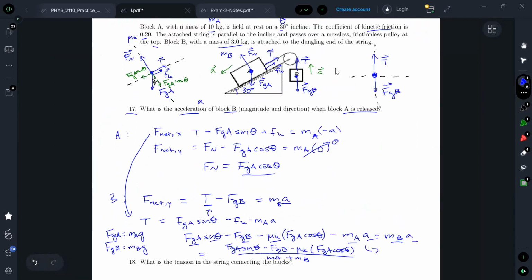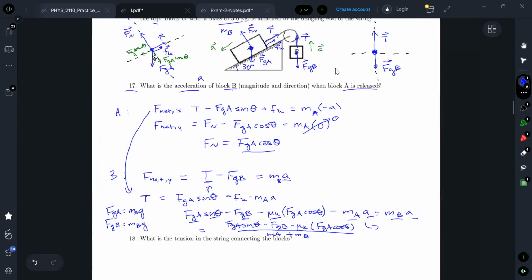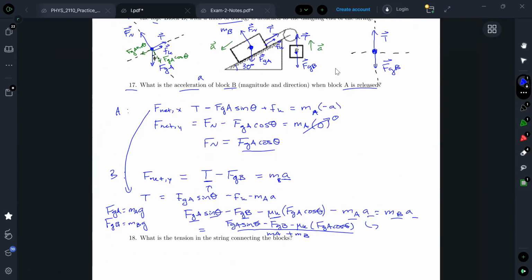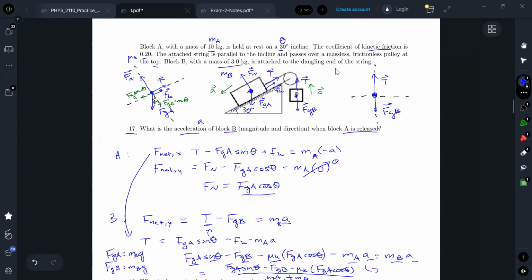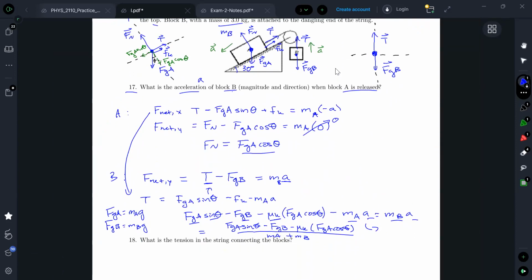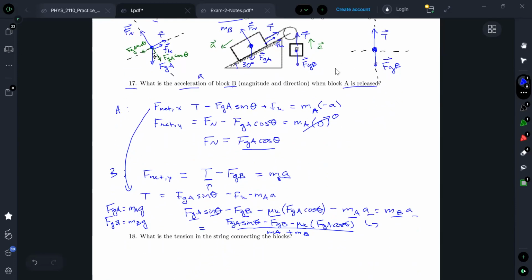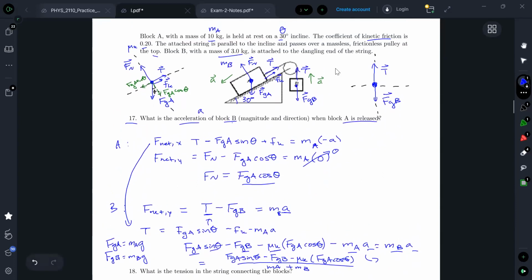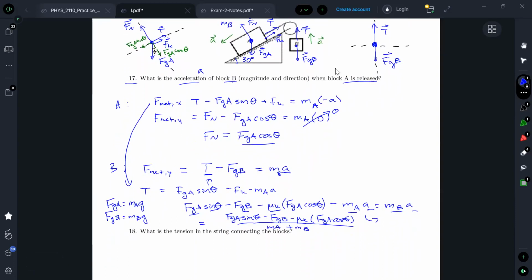A is 10, so it's 9.8 times sine of 30, minus 3 times 9.8, that's the weight of block B, minus the coefficient of kinetic friction, which is 0.2, times 10 times 9.8 times cosine of 30, over the mass of both added together, which is 13.